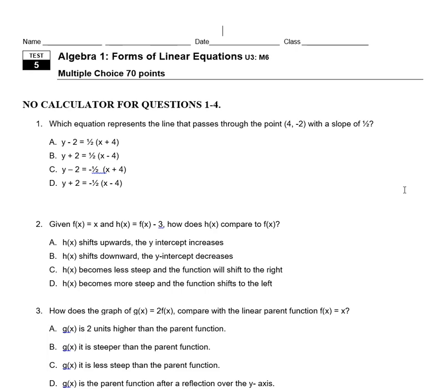Okay, so question 1, which equation represents the line that passes through the point (4, -2) with a slope of 1/2? We need to remember point slope form, which is what these equations are written in. They're all in point slope form. So in order to write this equation, we need to know what point slope form is.